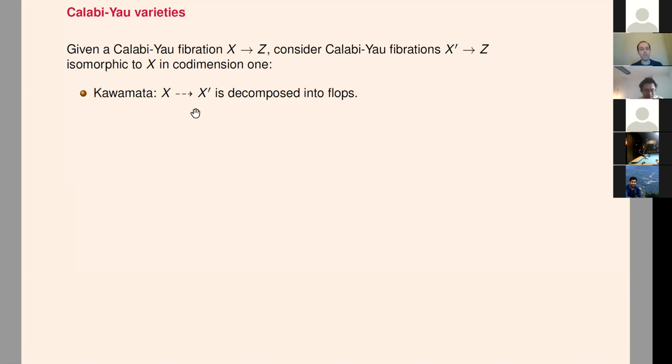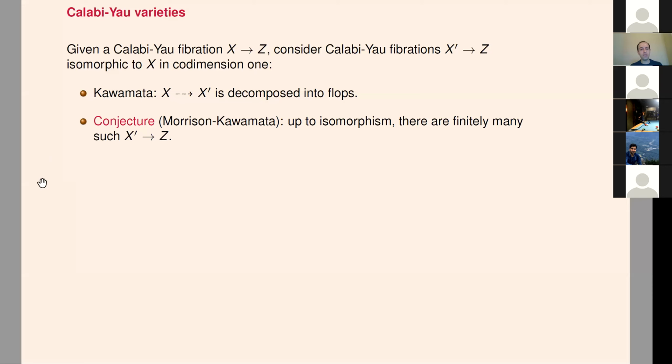So Kawamata showed that you can always decompose these maps into finitely many flops, which is quite interesting, because then you can, for example, try to relate the geometry of X and X' or their topology by going step by step. Each individual flop is easier to understand than a birational map like this.